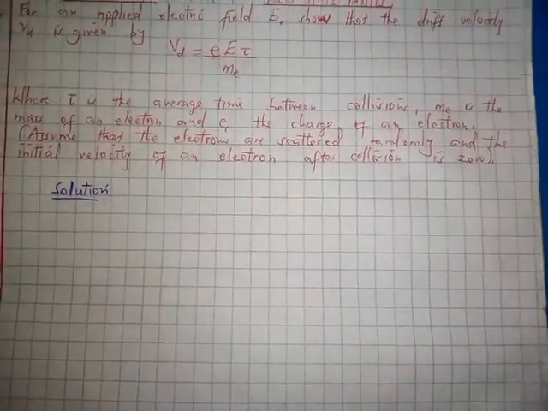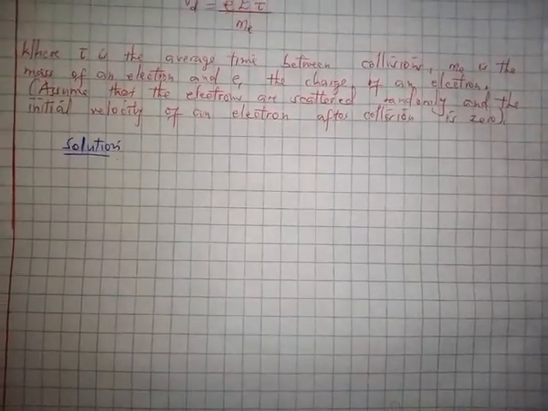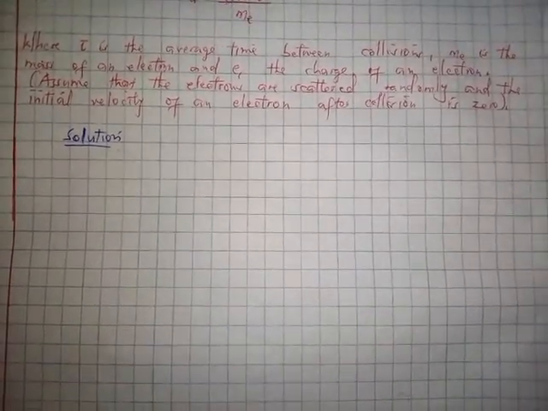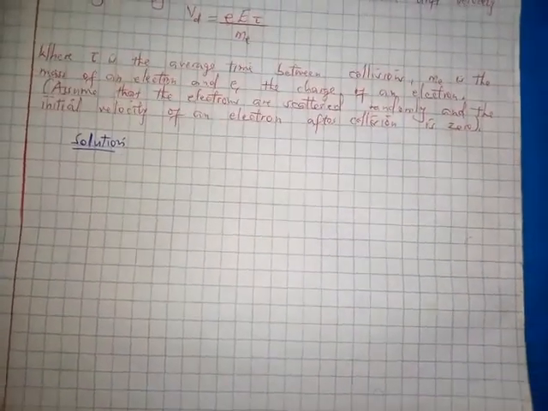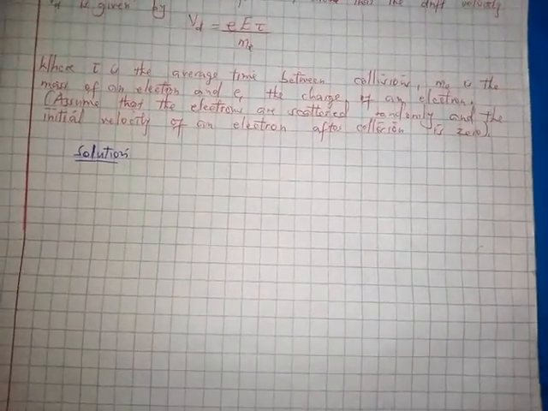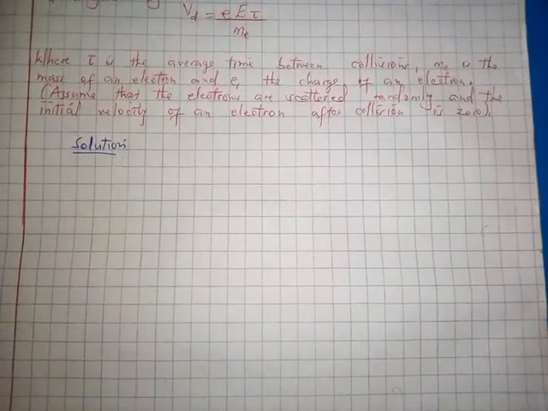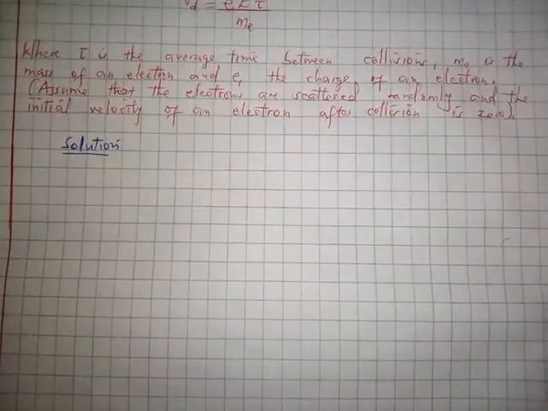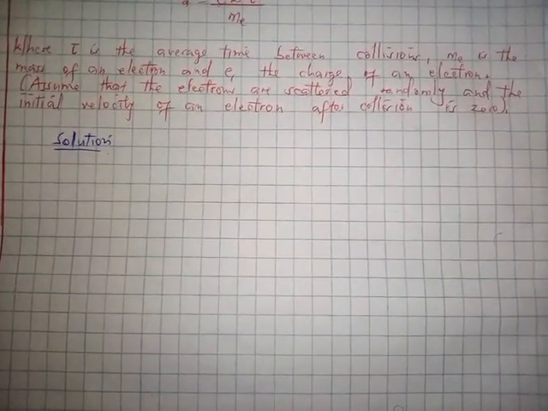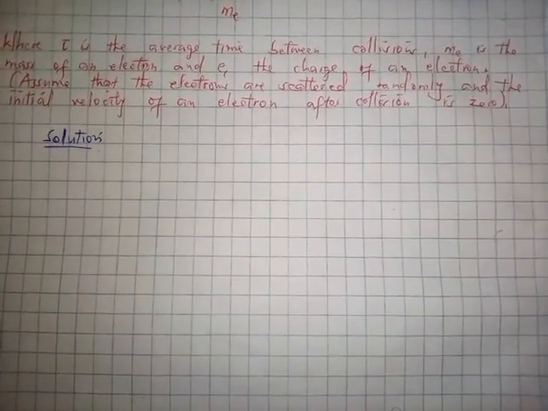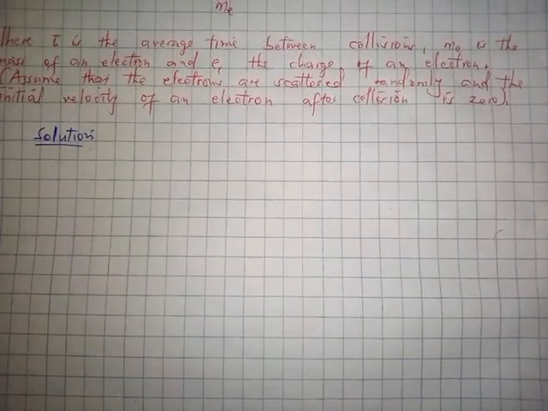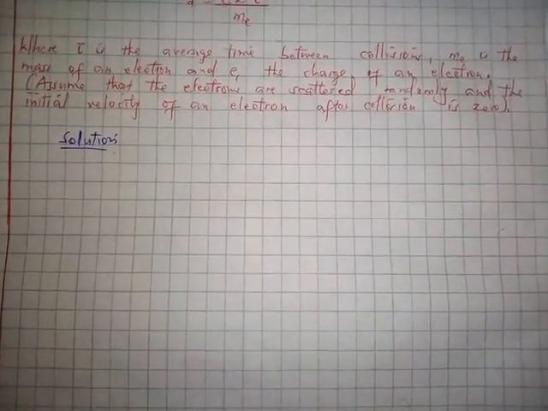So let's go straight to the working out. Remember, the definition was not part of the question, but it's important to know the definition of what you want to deal with.